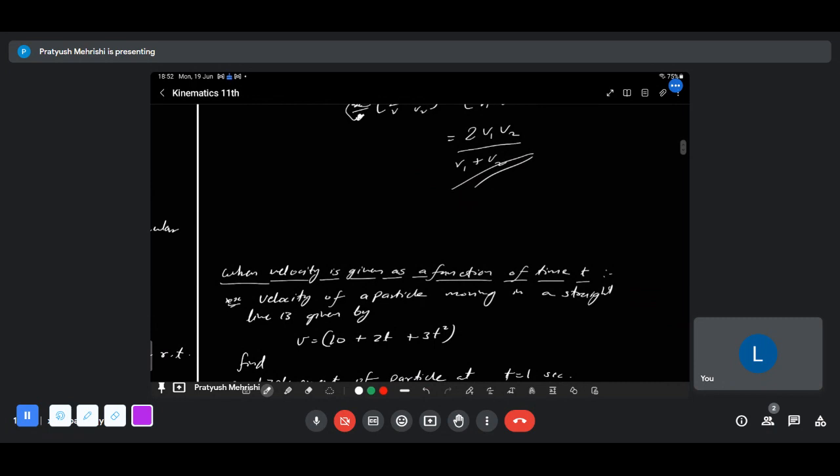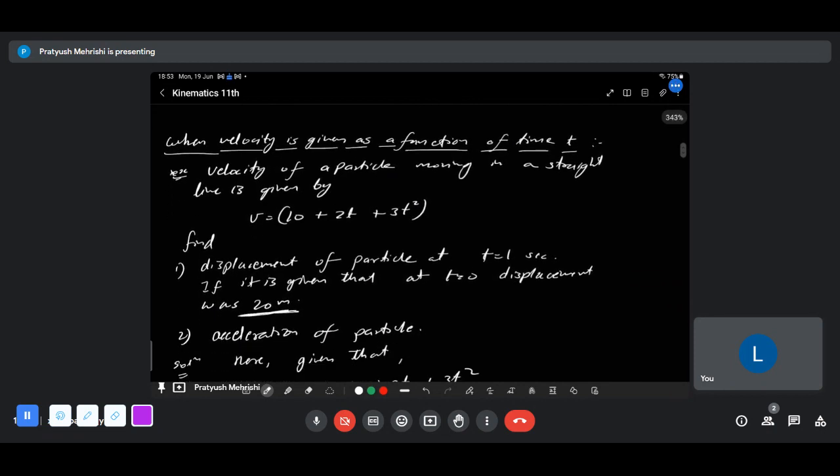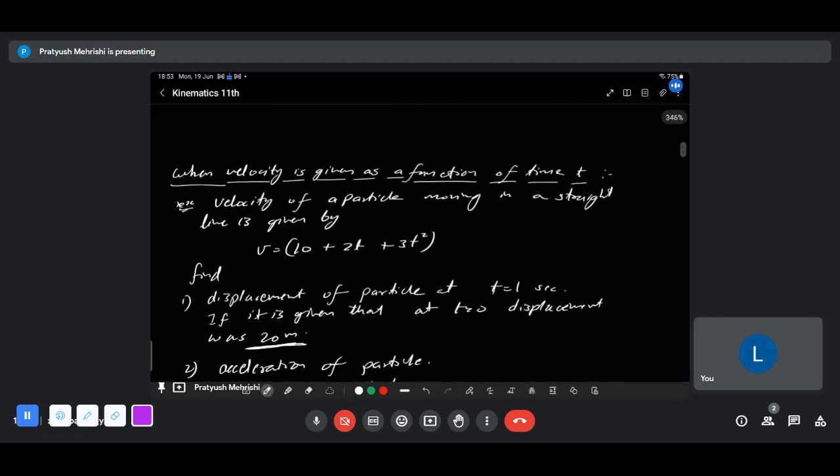Next, whenever velocity is given as a function of time t, how can we calculate the displacement? For displacement, we will be integrating.